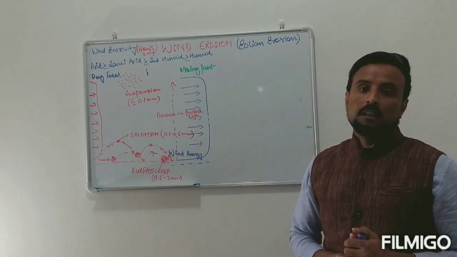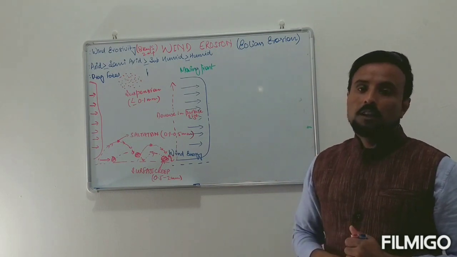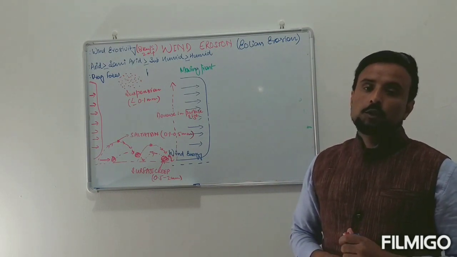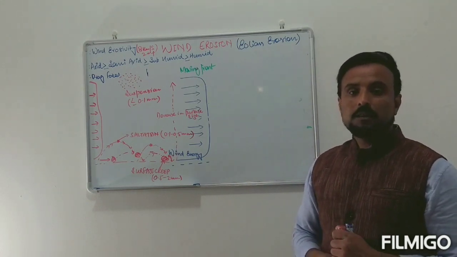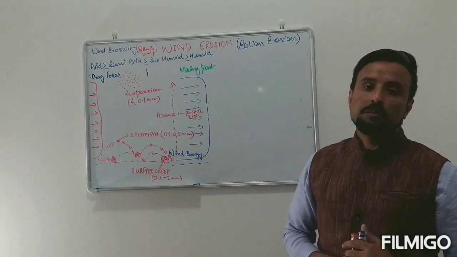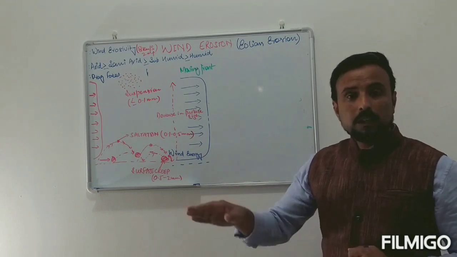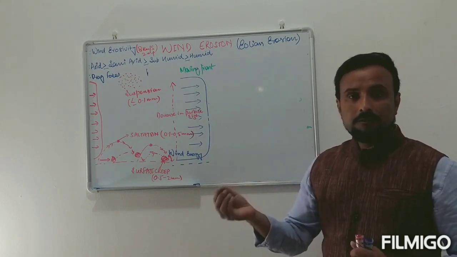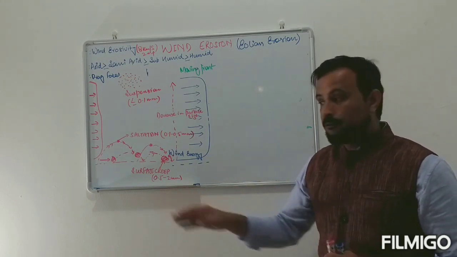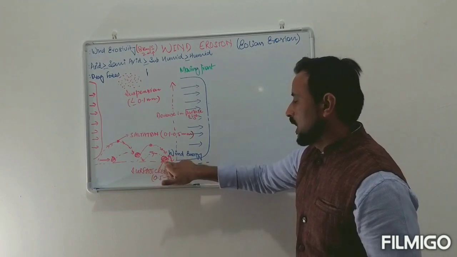The medium-sized particles which move are called saltation particles, and the biggest size particles that move are called surface creep. So these particles move with the wind energy, and the heaviest particles settle down first, like surface creep.